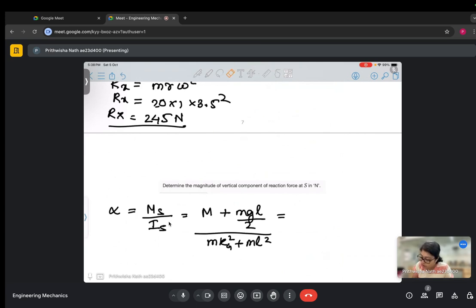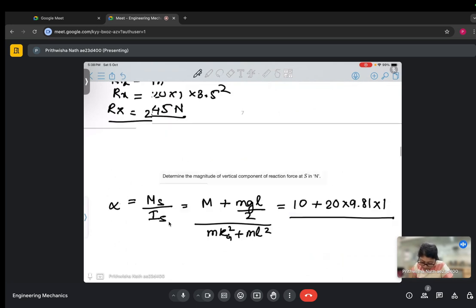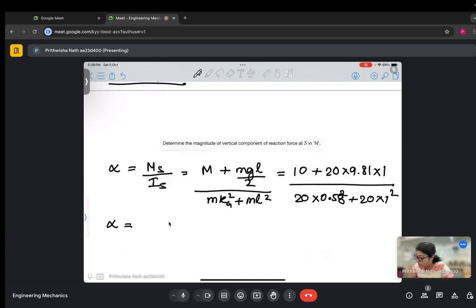So 10 plus mgl, m is nothing but 20 into 9.81, L is what? 2, and which is divided by 2, so it is 1. Similarly here m kg, m is nothing but 20, kg is 0.58 whole square plus 20 into 1 square. So from there I can calculate the alpha.